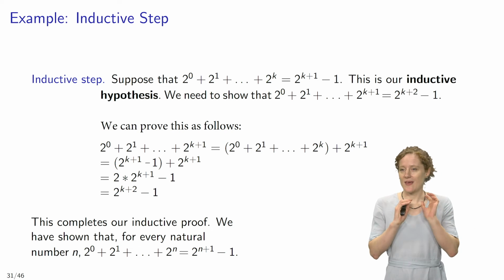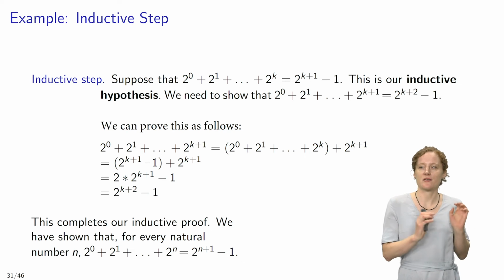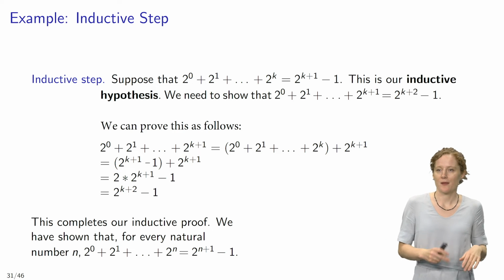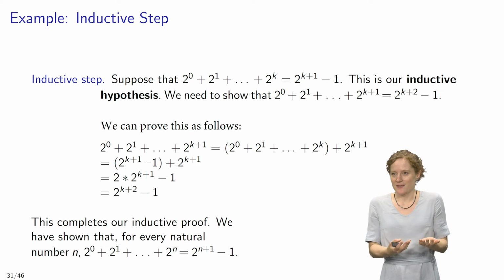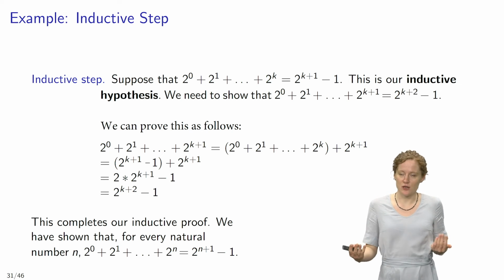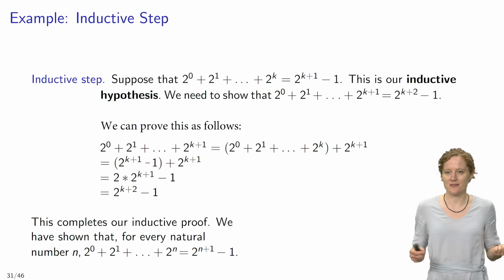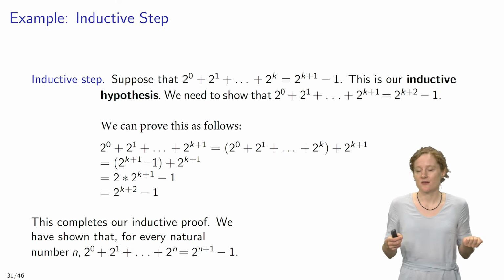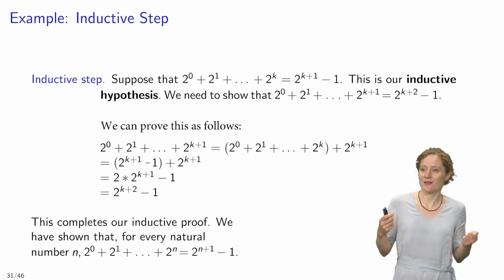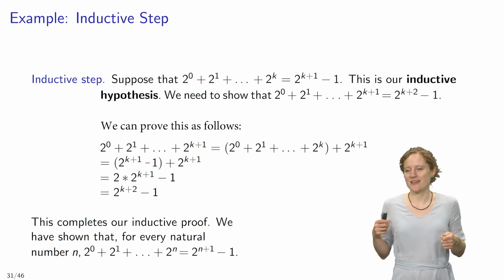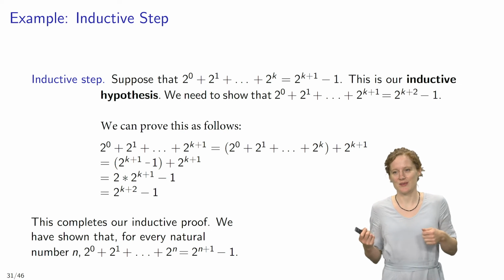And that's something that we assume. This is our inductive hypothesis. Based on this inductive hypothesis, we now need to show that 2^0 plus 2^1 plus and so on and so forth plus 2^(k+1) equals 2^(k+2) minus 1.